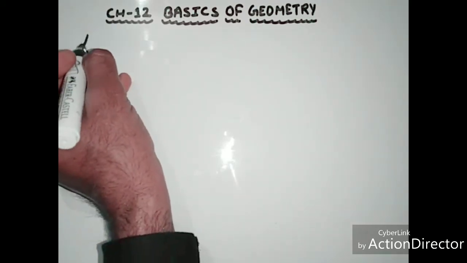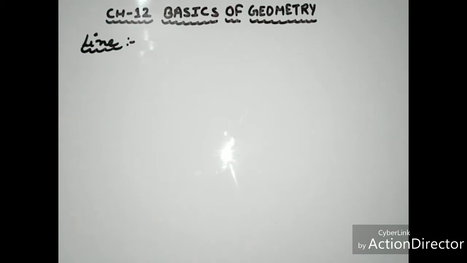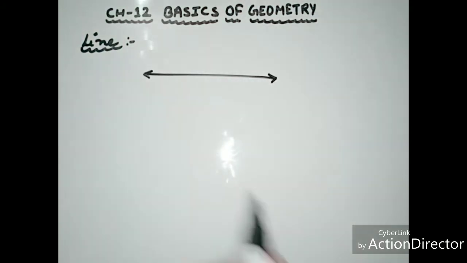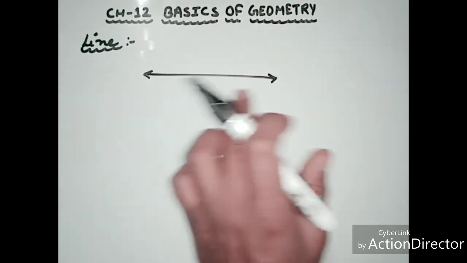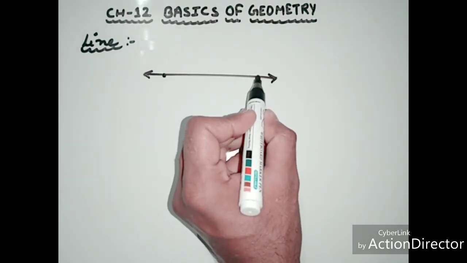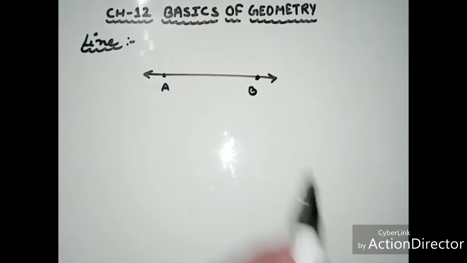Now line. A line is a straight path of points that extends on and on in both directions without ever ending. Like this line extends in both directions, and here we mark 2 points and give the names A and B. Point A and point B on line AB.